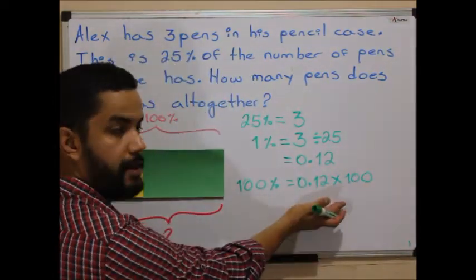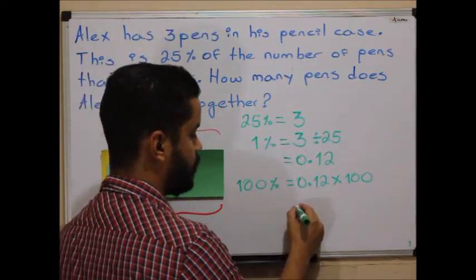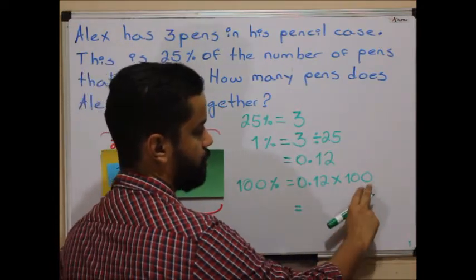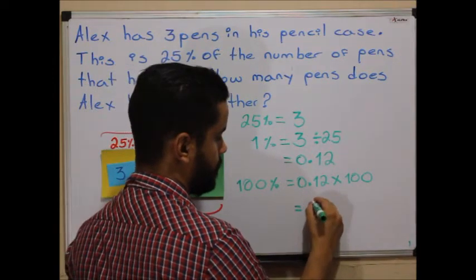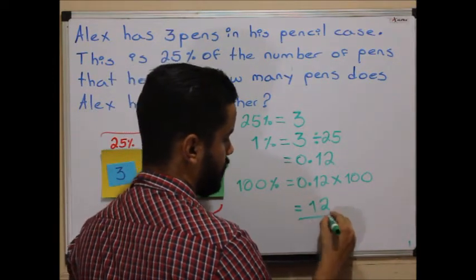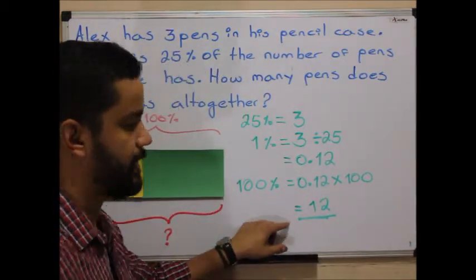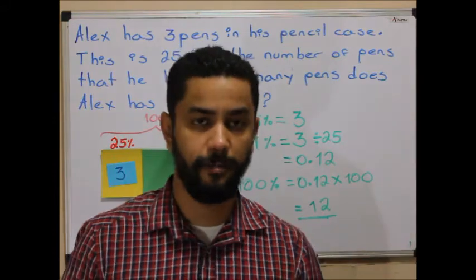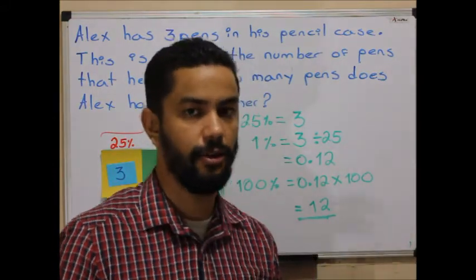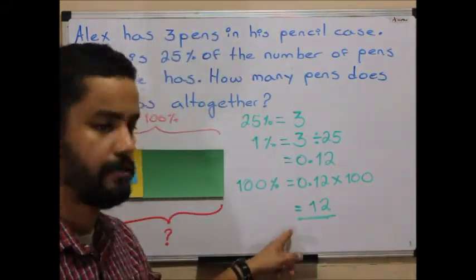We have here 2 zeros, so that means that we're going to move this decimal point twice. 12. So that means that all the amount of pens that Alex has altogether is 12.